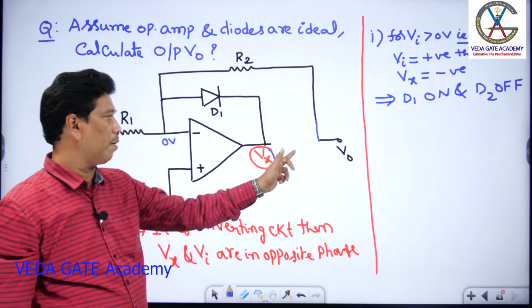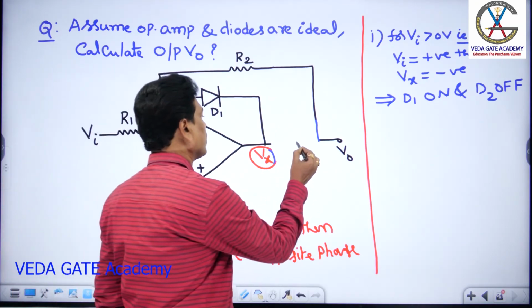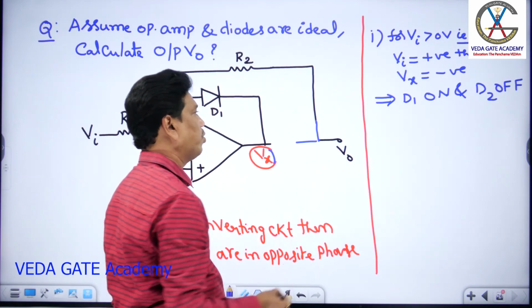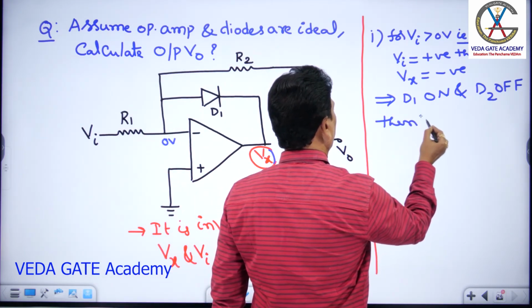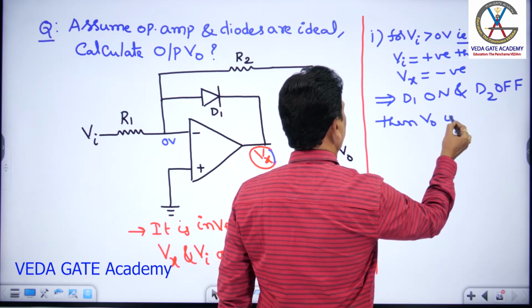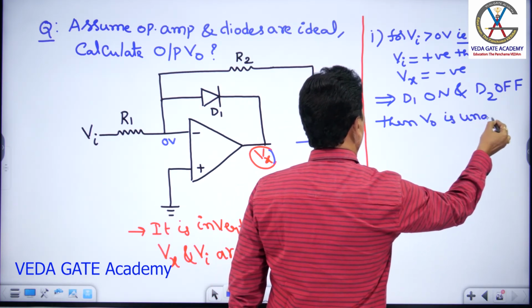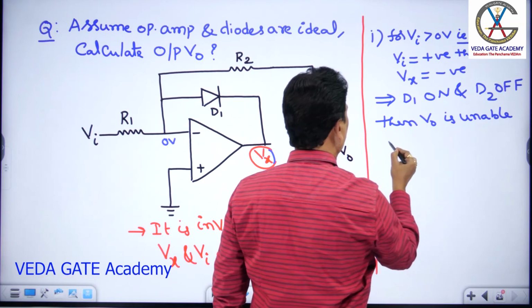So D2 should be an open path. Keeping diode D2 open, the output V0 is unable to calculate.